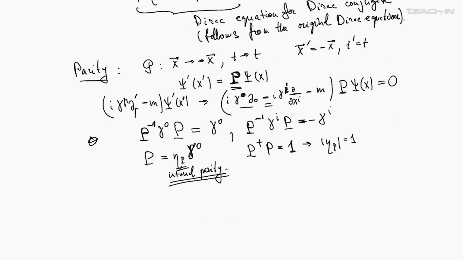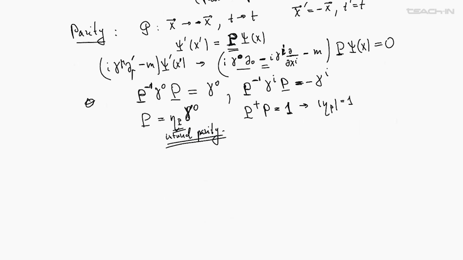So you first reflect all the coordinate axes, and then you reflect them back. So you return to the original situation. Then you may impose the condition that the square of parity is equal to the identity matrix. So nothing happens if you apply the parity transformation twice.